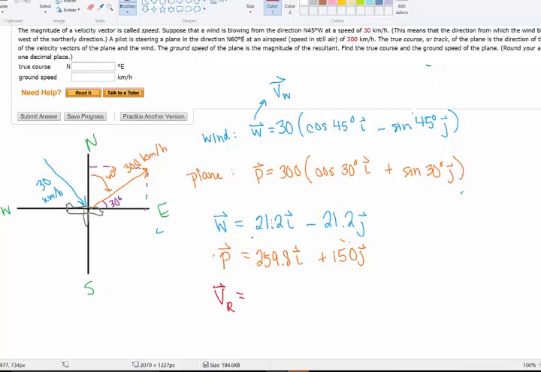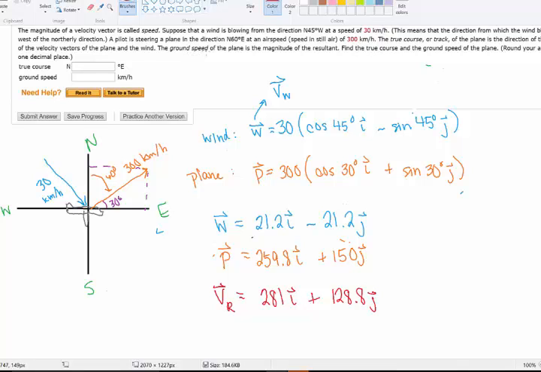So 21.2 plus 259.8 is 281, i, plus negative 21.2 plus 150 is 128.8, j. Okay, so that's the resultant velocity. They say find the true course and the ground speed.